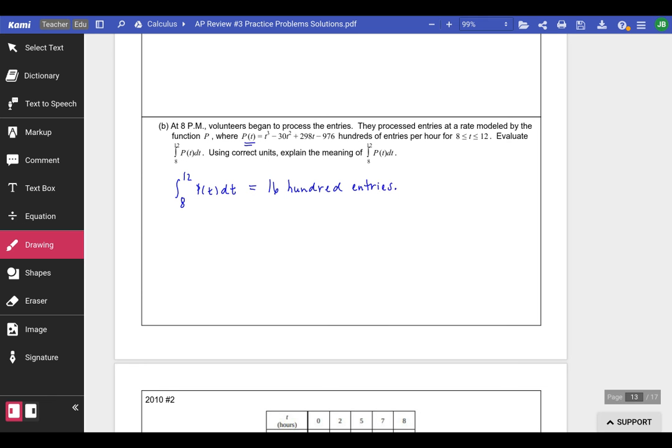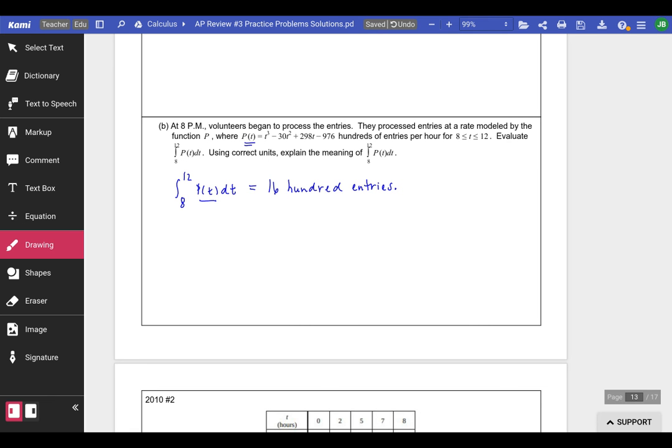So that was the first part, evaluating it. Now I need to explain the meaning. Remember that P of t here was a rate. When I integrate a rate, I get the change in amount, so this is the change in how many entries were processed.